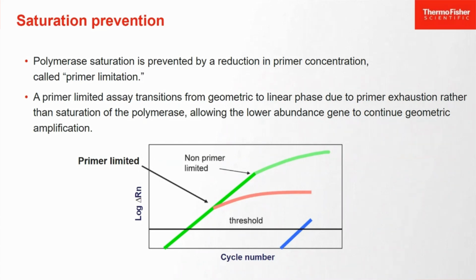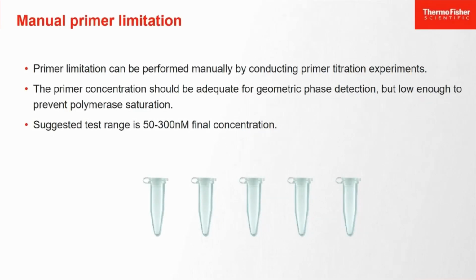This means that there'll be plenty of polymerase for the downstream assay to amplify in the geometric phase and detect that geometric data. One could do a manual primer limitation. That would involve a primer titration experiment. The goal is you want enough primer to detect the geometric phase, yes, but low enough that you prevent saturation.